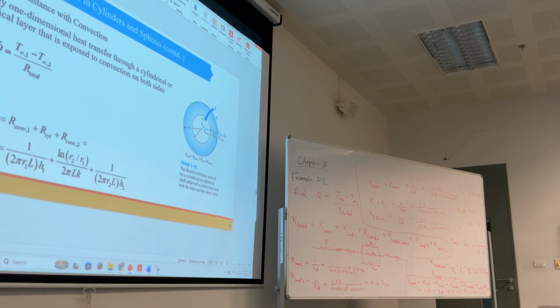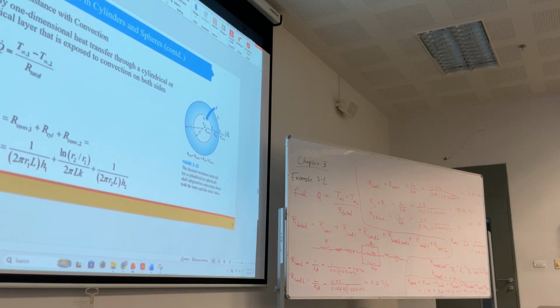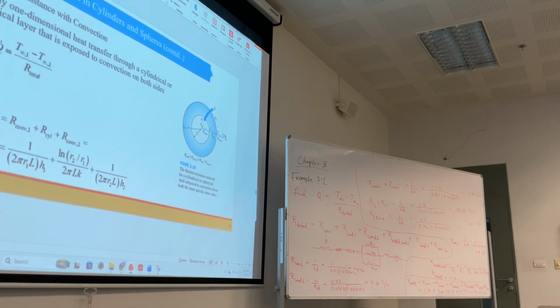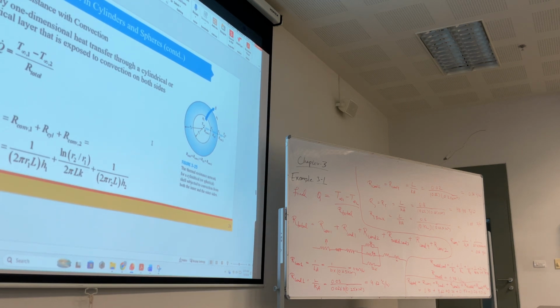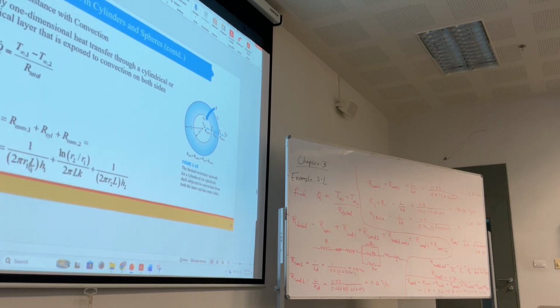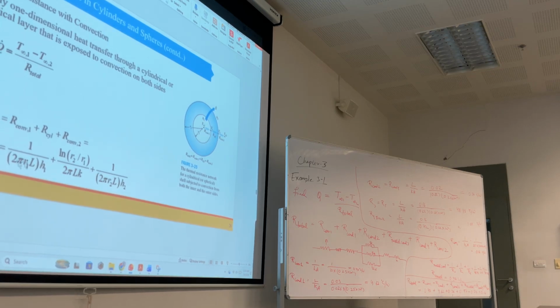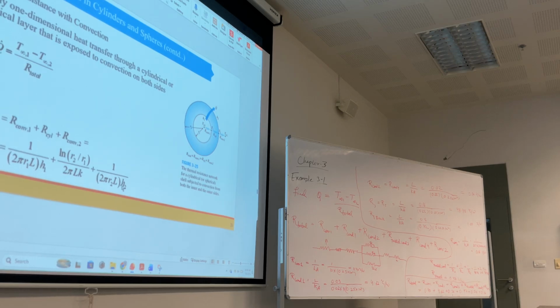From T1 to T2 will be by conduction, and again from T2 to T infinity 2 will be by convection again. Since it's a cylinder, convection is 1 divided by h1A. A is area. Area in this case is 2 pi R1 L, 2 pi R2 L.